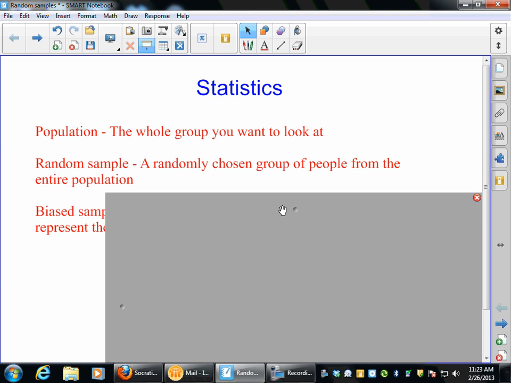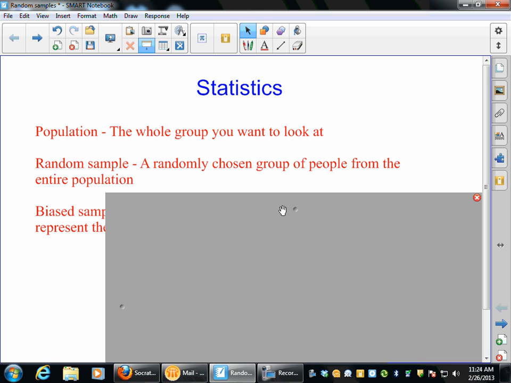What we want to do when we're doing surveys is a random sample. A random sample just means you are somehow randomly choosing the group of people that you're going to survey out of the entire population. So if I wanted information about all the students in the school, I would have to somehow randomly choose different students from throughout the entire school, all different grade levels.